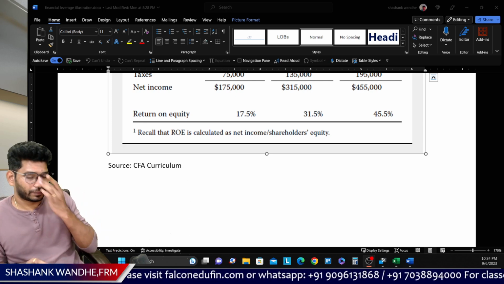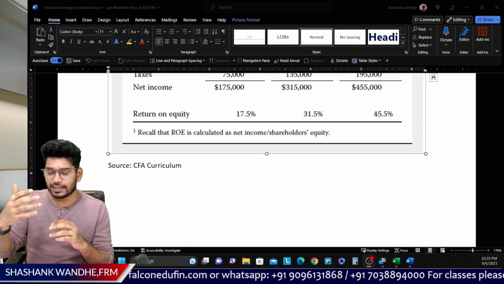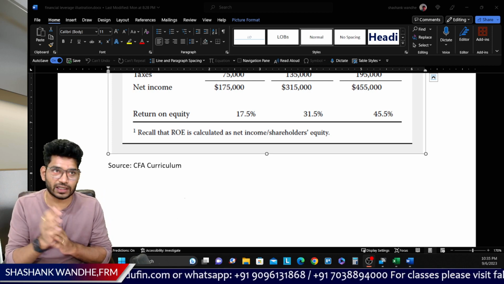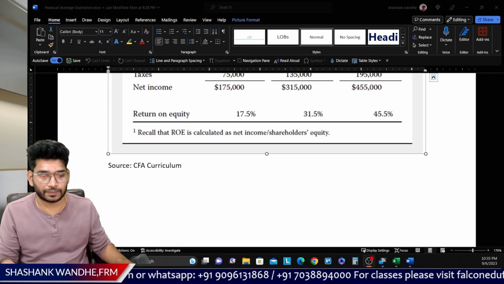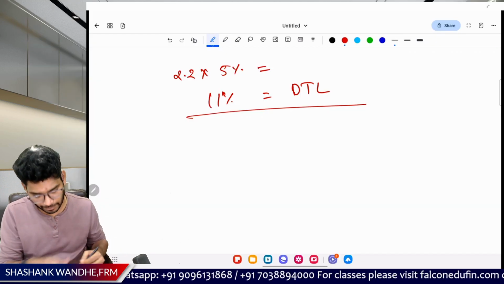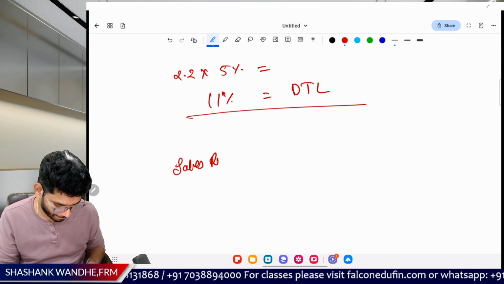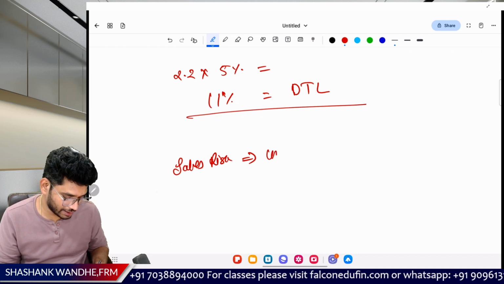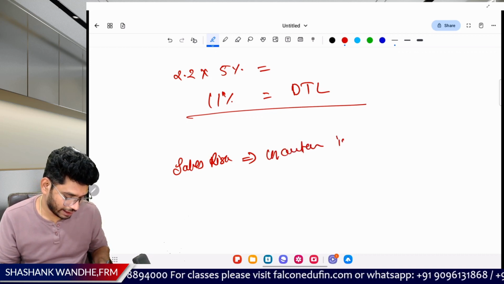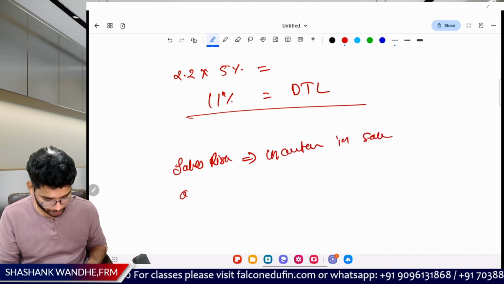To give you the brief, here we have the business risk. As I said, there are the business risk, operating risk, and sales risk. The sales risk is the uncertainty in the sales level.